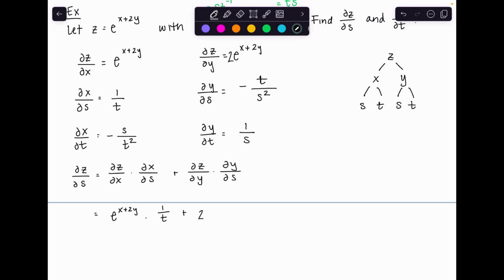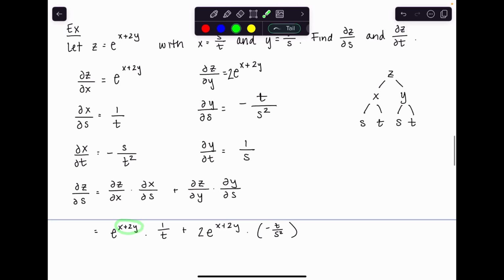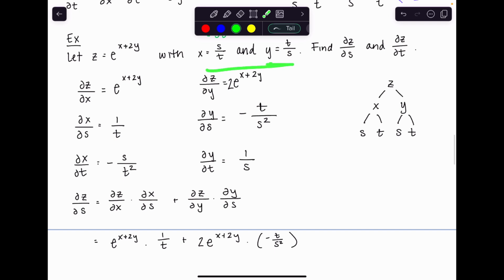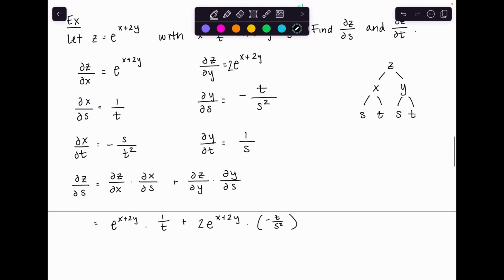And then here, this is 2e to the x plus 2y, and the partial of y with respect to s is negative t over s squared. Okay. Leaving it like this is perfectly fine on a test, but again, just pay attention to the directions. You might have to replace x and y by these to get it fully in terms of s and t.